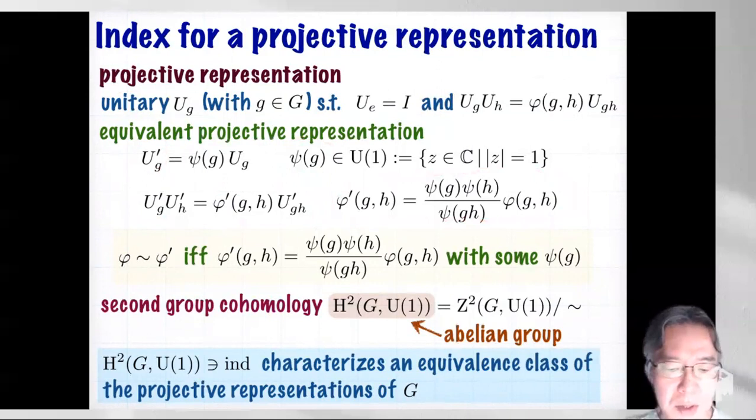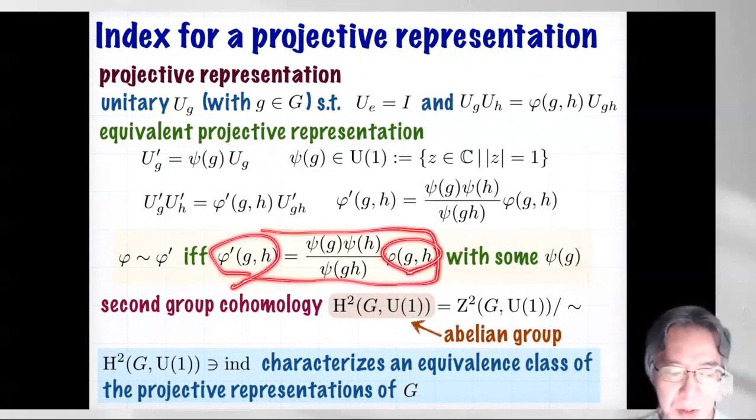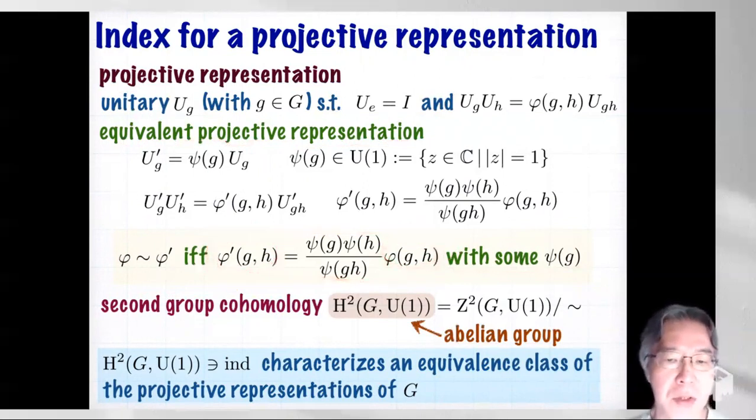But since U_g and U_g prime are related by this trivial relation, we want to regard them as giving equivalent projective representations. This motivates us to define this equivalence relation. We say that phi and phi prime, which are two 2-cocycles, are equivalent with each other if and only if there exists some phase factor psi such that phi prime and phi are related by this relation.